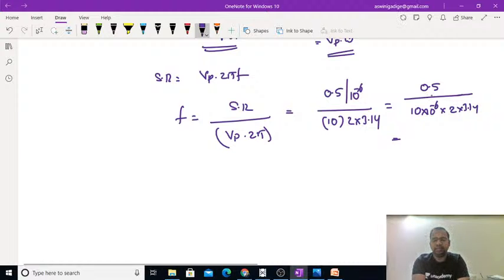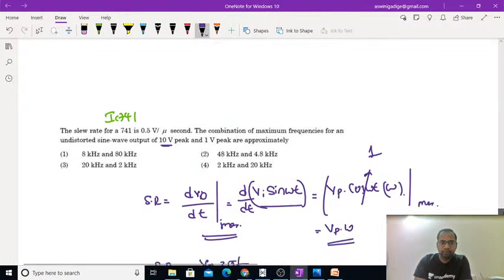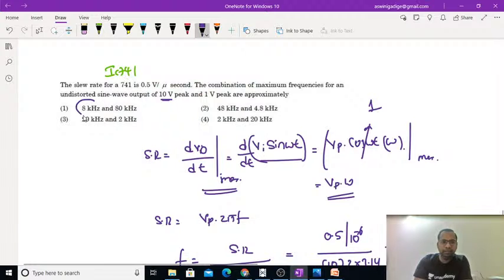Calculate, guys, what is the answer we will get? I am calculating 0.5 divided by 2 into 3.14, and I am getting some 796 like that. Yeah, it is becoming 8 kilohertz.